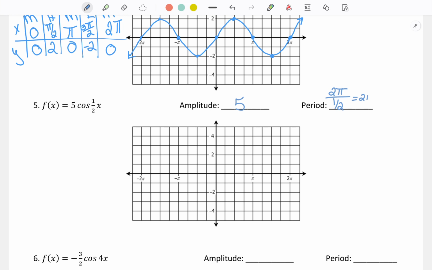And so that's going to be 2 pi times 2. And that equals 4 pi. So for cosine, we do have a different pattern. That starts high and then goes to the middle and then the low and then middle, and then we end at high. So I'm actually going to scoot that over.